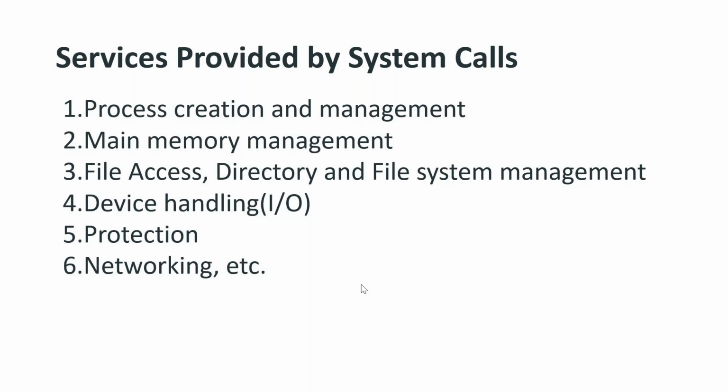If you want to access any files stored in the hardware, or write a file, that is done by system call. If you want to access system input and output and communications, that is also managed by system call. If you want to protect the system and kernel, that is also syscall. And if you want to create or modify the network, that is also done by system call.